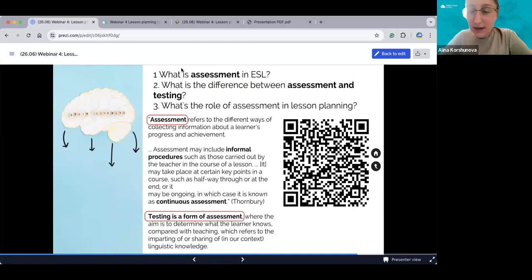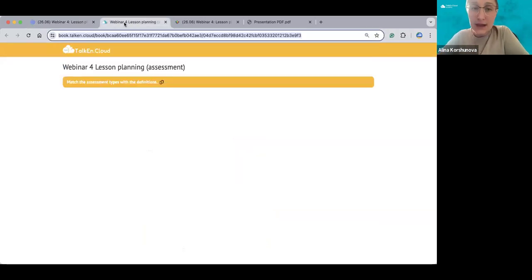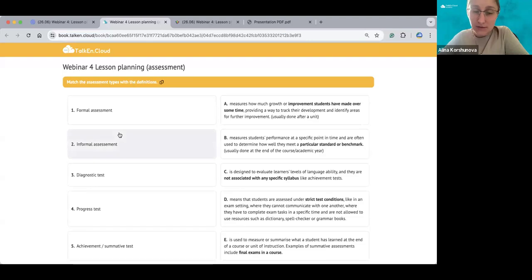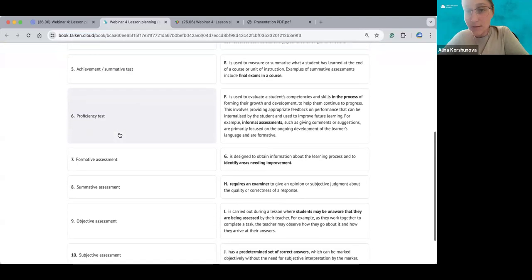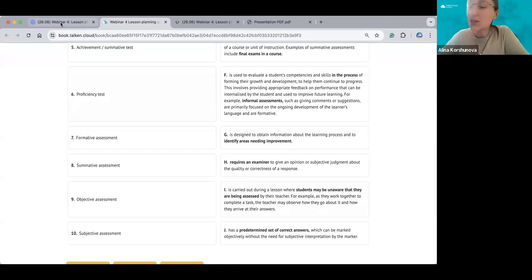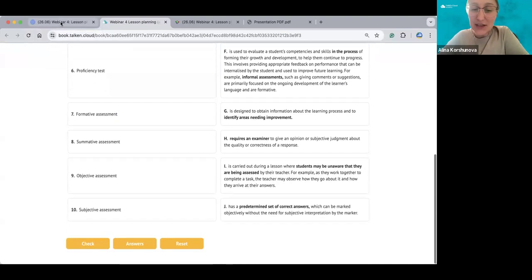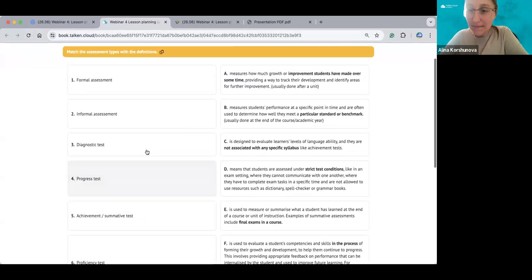Follow the link or scan the QR code and try to match the terms. There are only 10 of them with the descriptions. It's just for you. If you're not sure about some terms, you can click on show answers, and you will see the answers.